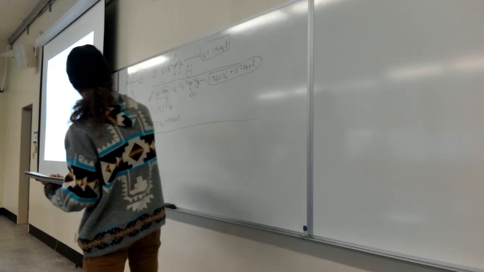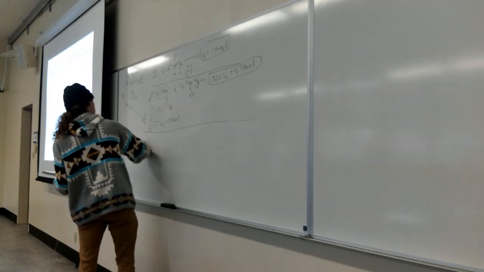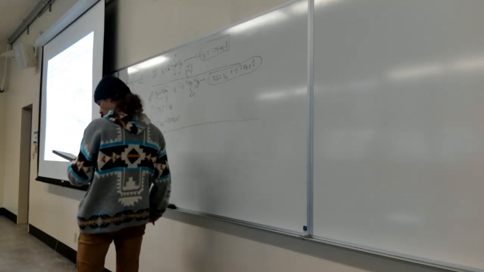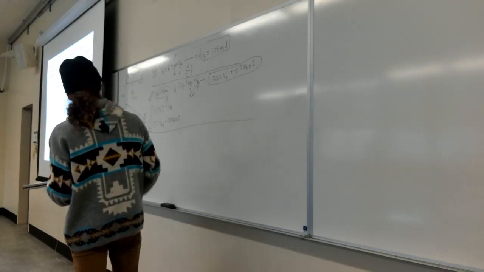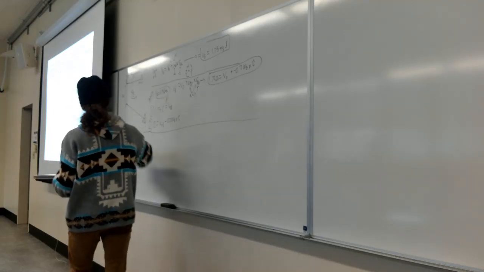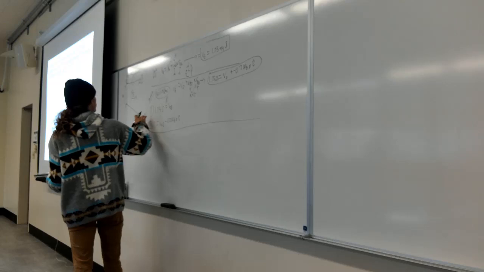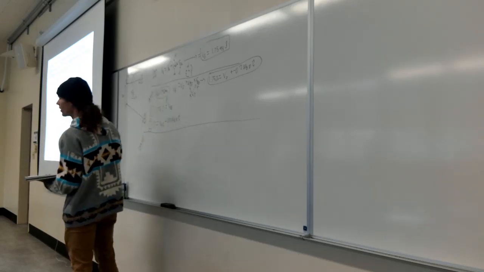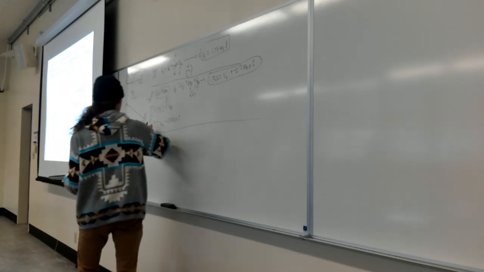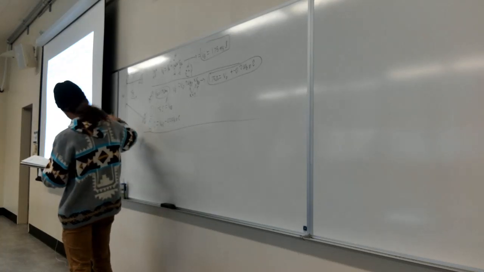Now we're going to do the last link DE. Ultimately, it doesn't really matter which direction you choose to go for your relative velocity equation. You'll just get things on different sides of the equal sign. But I chose to go this way.